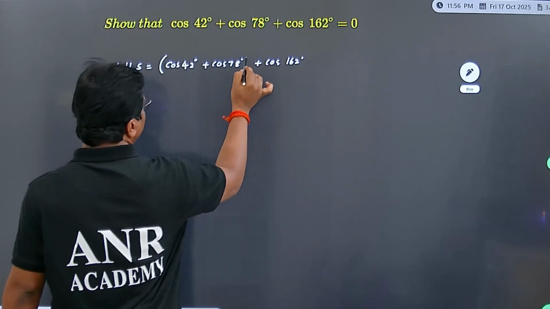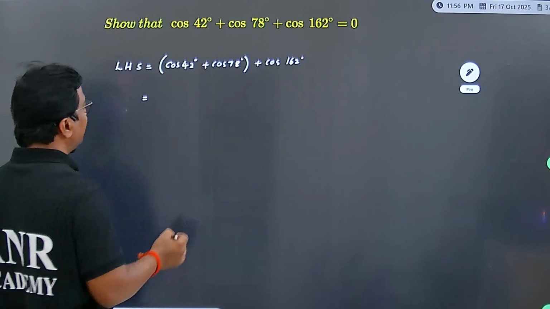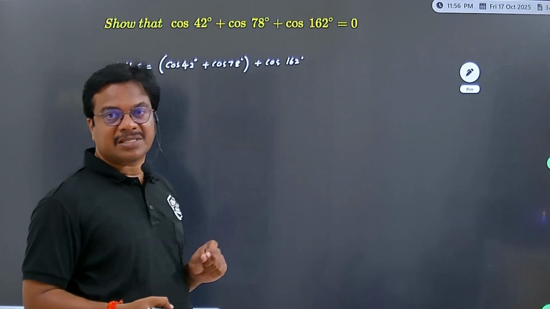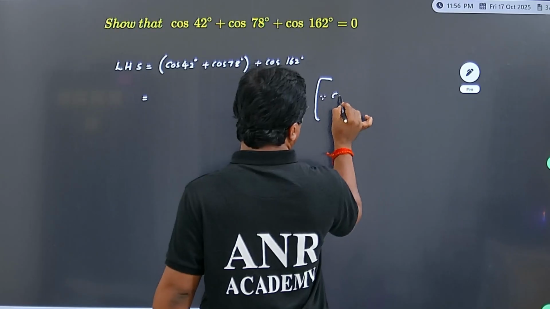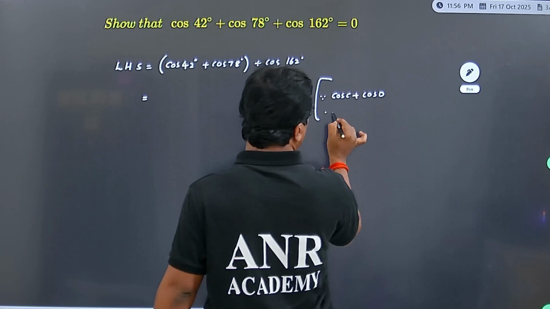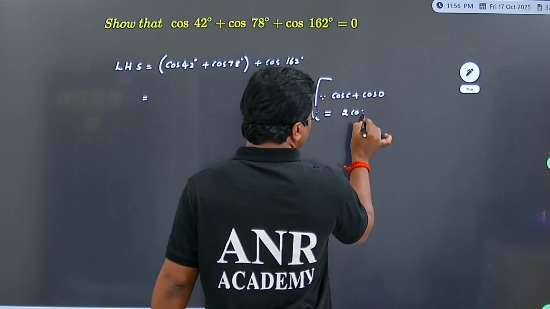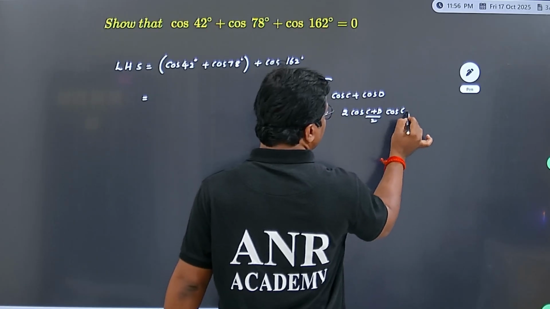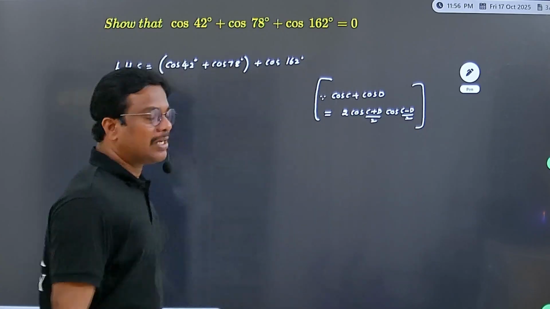Cos 42 degrees plus cos 78 degrees, keep in one bracket. It looks like cos C plus cos D. You know that the formula for cos C plus cos D is written as 2 cos (C plus D) by 2 cos (C minus D) by 2. You can use this result.